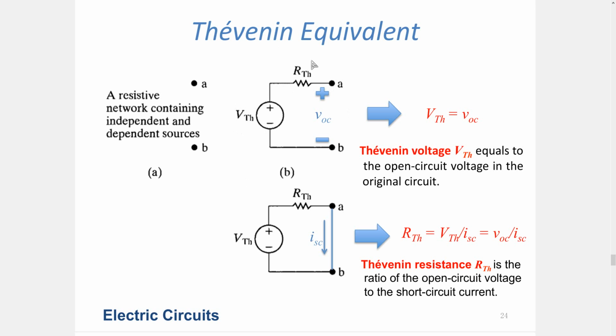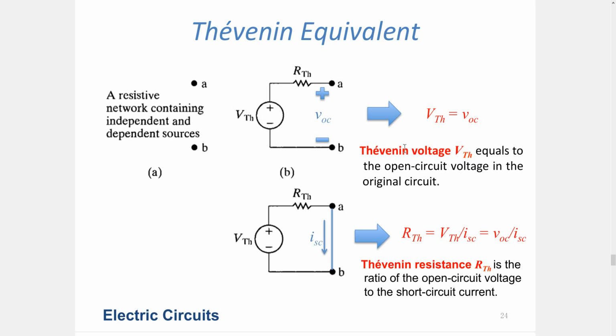Now, once you have it, you can use the source transformation to transform this equivalent into a current source in parallel with a resistor. The resistor value is the same, and the current value should be VTH over RTH. So that's called the Norton equivalent.